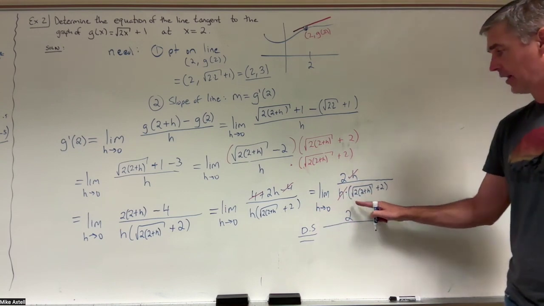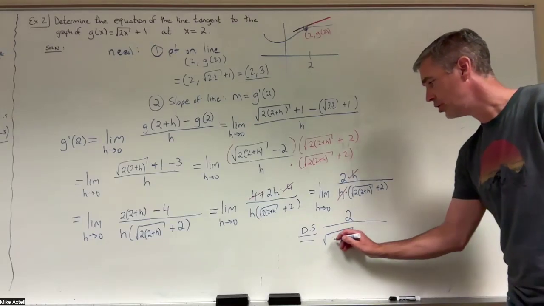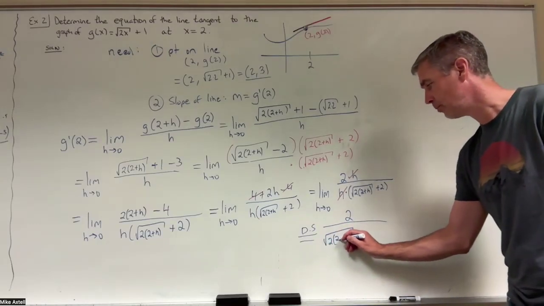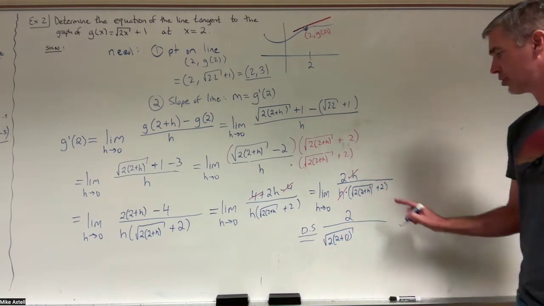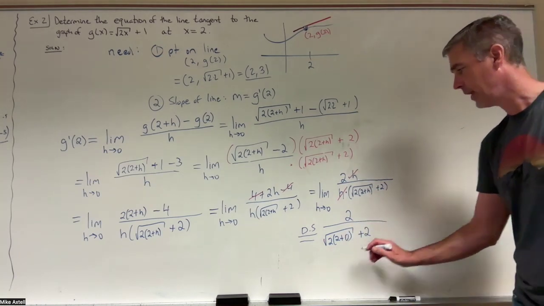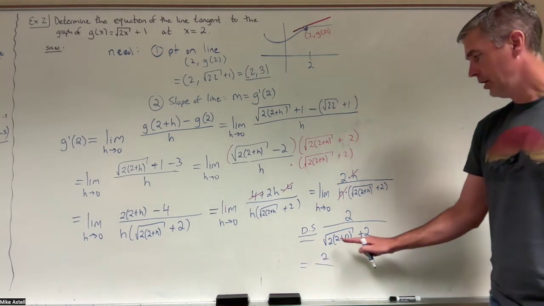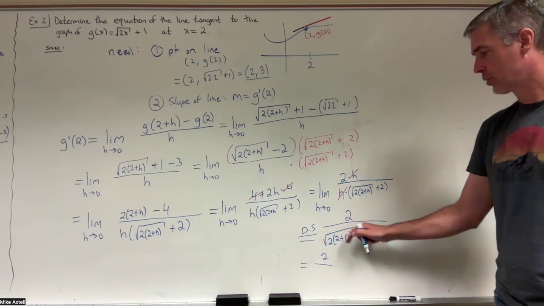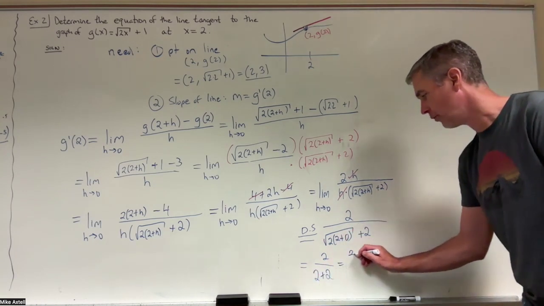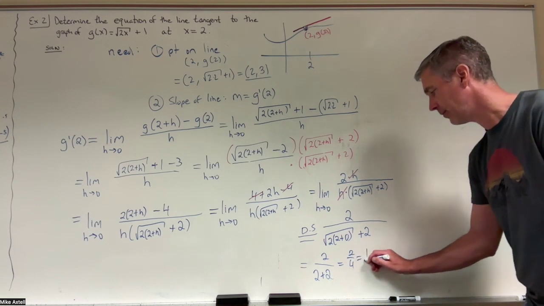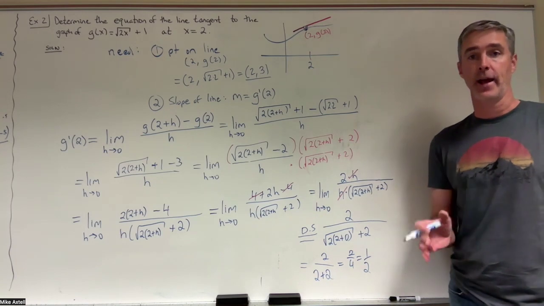Downstairs, that h is gone, so the need of the parentheses is gone. So let me just write this as 2 times 2 plus, the h gets replaced with a 0 by direct substitution, plus 2. And let's see, that's a 2 on top. 2 times 2 is a 4, so the square root of 4 is a 2. So I think I have 2 over 4, which is 1/2. Okay. So my derivative is equal to 1/2.